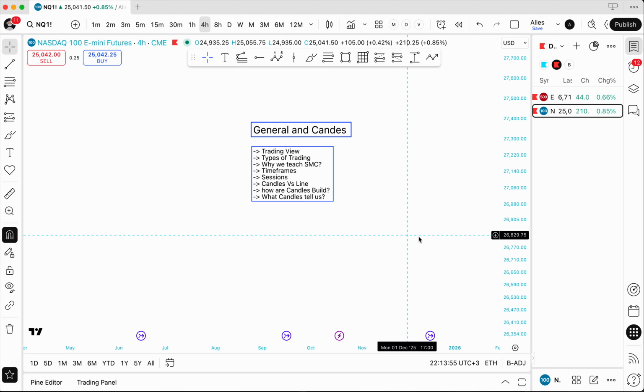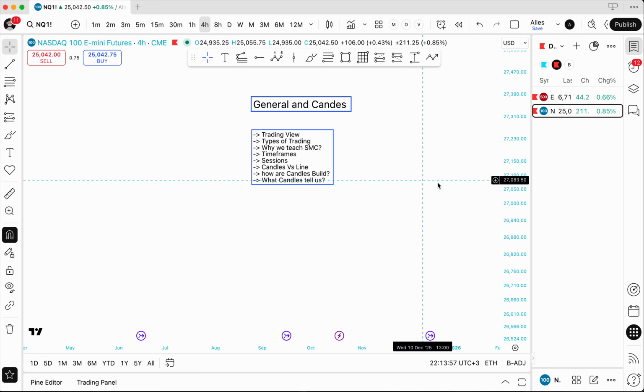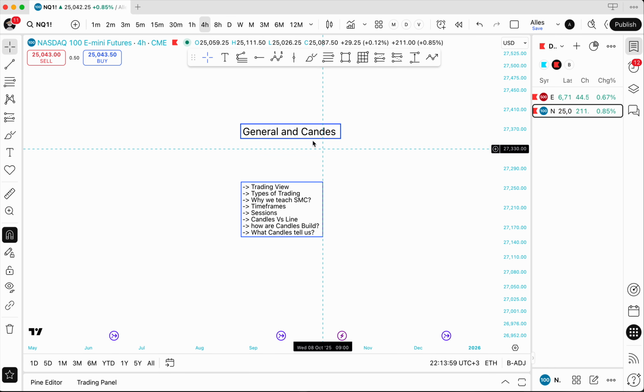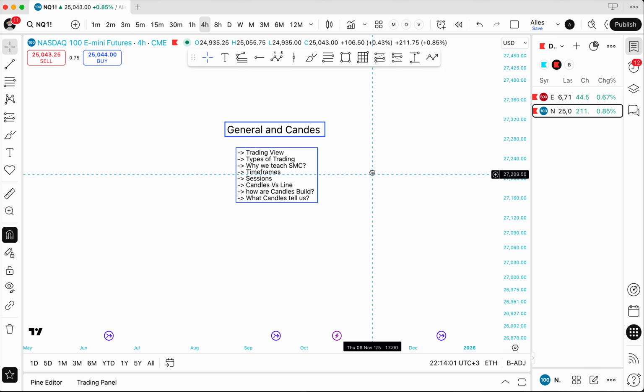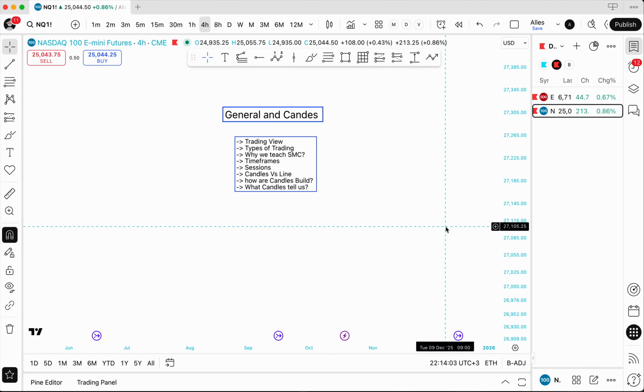So let's jump to how a candle is built. We already discussed this. You can make a screenshot of the picture I showed you. So yeah, you can look at it in all the time you have, and just remember it. So this should be it. A fast, quick mind dump of everything you need to know in general and about candles.